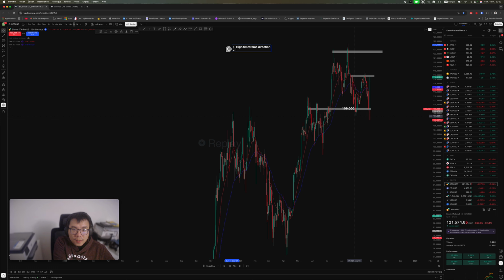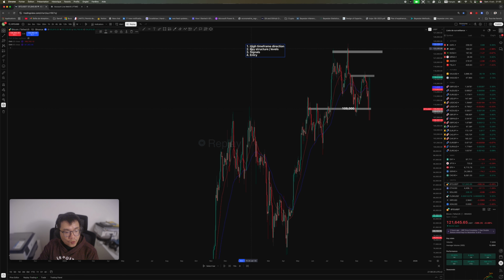The second step is key structure levels. The third step would be the signal. The last one is entry. Just to show you how I analyze my setup, the first step is high time frame direction.